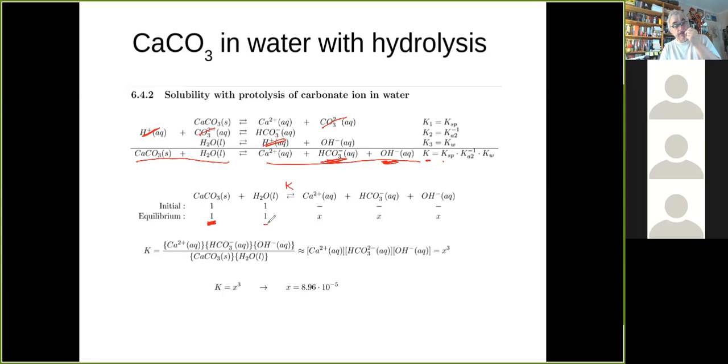And then we can also argue for the conserved unit of water. Some water is actually used up, but the rest of the water is still approximately pure water. It's still approximate, since this X will probably be quite small. It's hardly producing a very, very different solution. So the activity of water is still approximately unity.